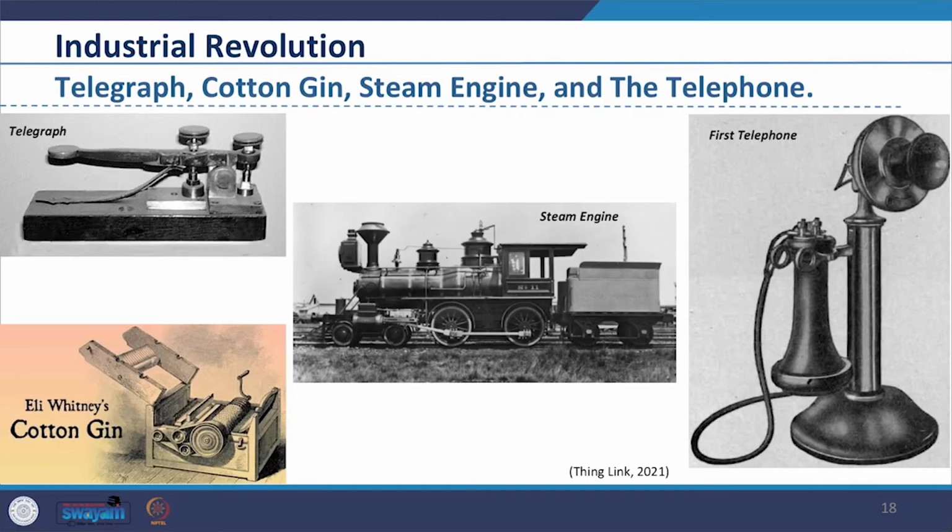The Industrial Revolution brought in new interventions according to the time in which they lived and evolved. The machines transformed into larger machineries. Some of the key examples include the telegraph, cotton gin, steam engine, and the telephone. These new inventions and technology improvements during the revolution brought evolutionary changes through time.